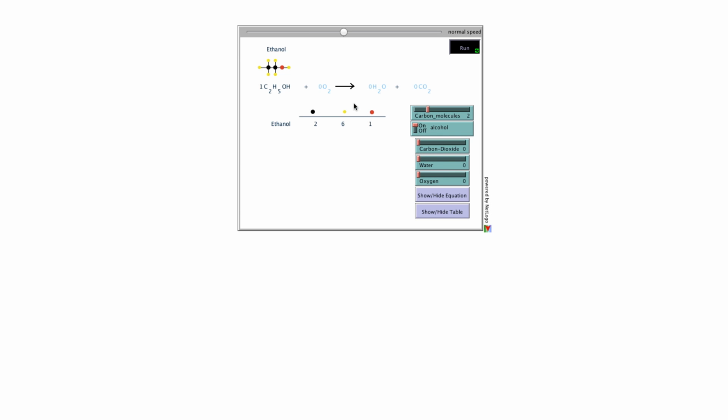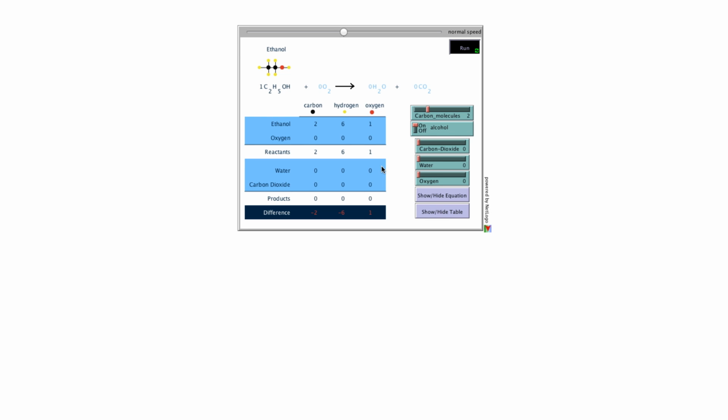The final button, Show Hide Table, toggles on a table with a bunch of additional information. It lists the reactants, the hydrocarbon and oxygen, the products, water and carbon dioxide, the sum of the atoms present in the reactants, the sum of the atoms present in the products, and the difference in the number of atoms in the reactants and the products.